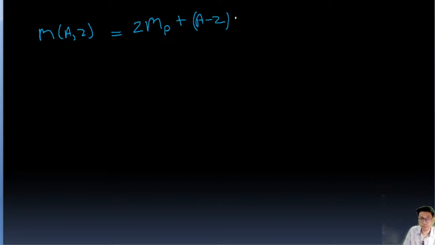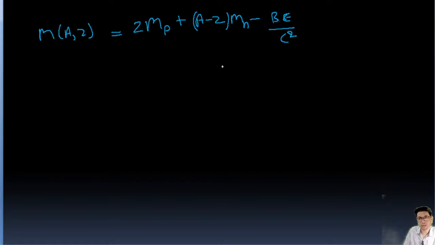Or we can write the mass of nucleus M(A,Z) is going to be equal to Z Mp, mass of proton, plus (A minus Z) Mn, minus BE, binding energy, divided by c square.